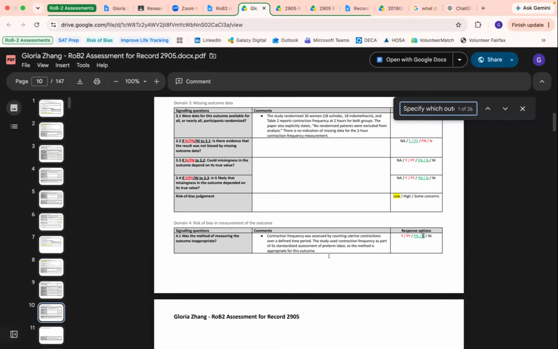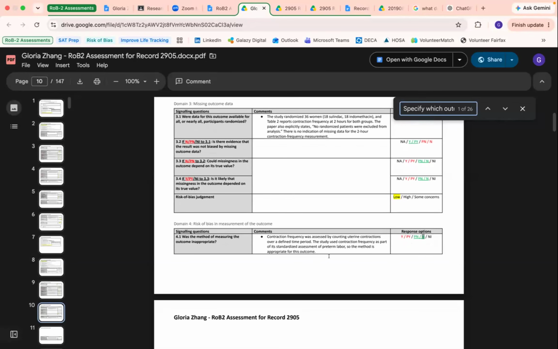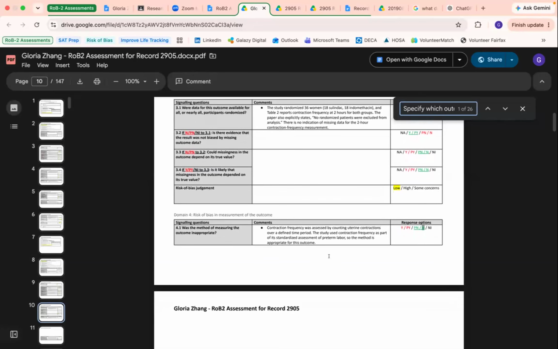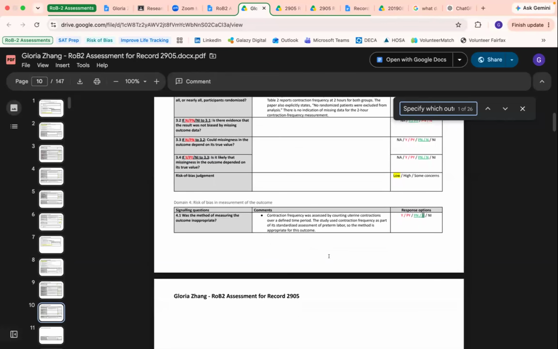Yeah, I put NI as well. Okay, I actually put N for it. I'm not sure. I probably assumed that it was assessed by counting it. So actually, I probably agree with NI then.